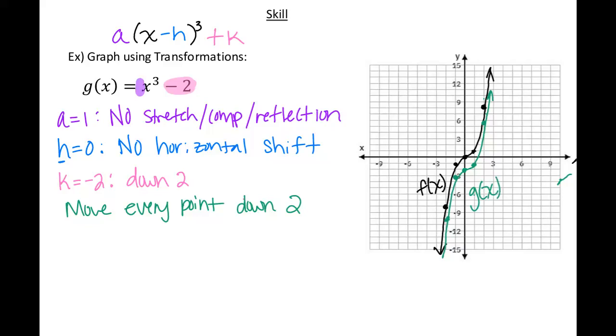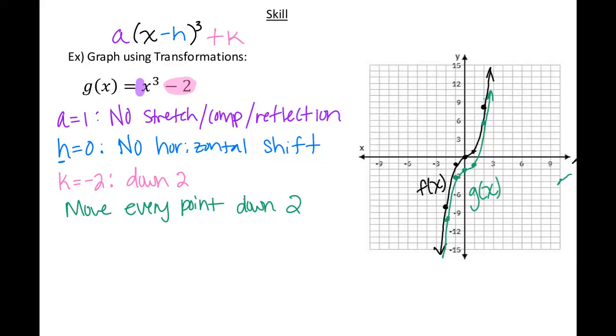Sometimes it's kind of hard to tell when it's just a vertical shift because you do end up kind of overlapping on the ends. But to double check, the middle points is where you can double check them. The middle points should be 2 units away from each other. Okay?